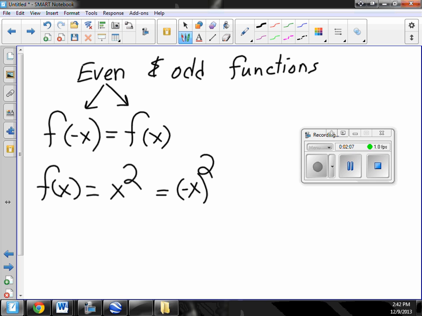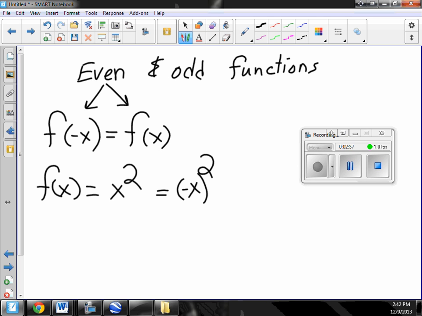In polynomial form, if all of your exponents are even numbers, it's an even function. Sometimes polynomials that are even factorize and still return even functions. So if you have something like x to the 6 plus 2x to the 5 and then x squared with a constant, then it would be an even function.